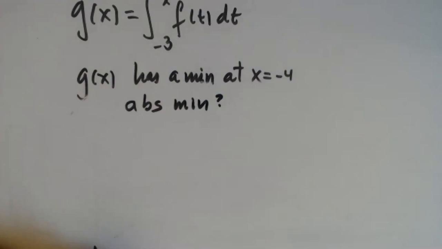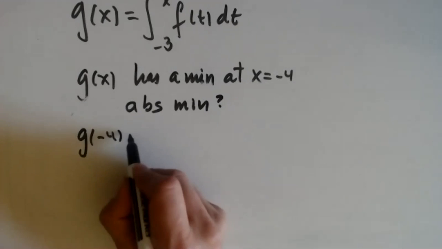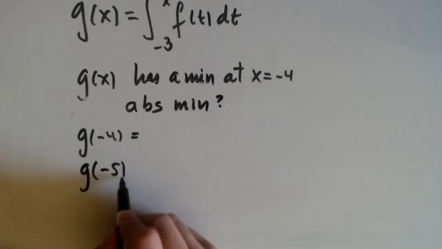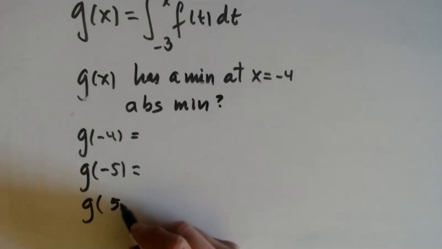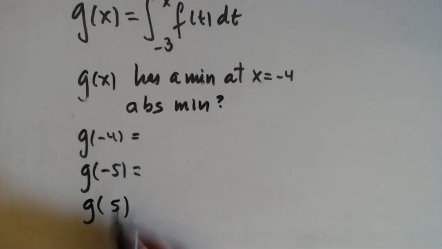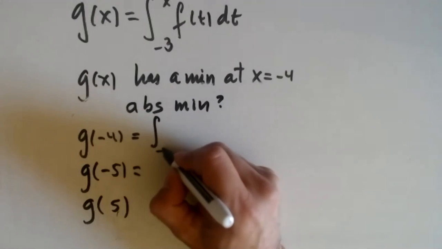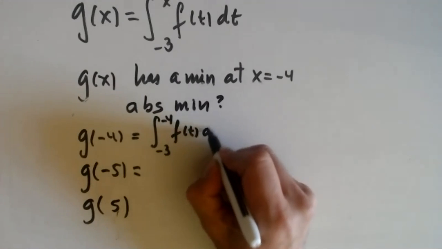So I have to do g of -4, I have to find g of -5, and I have to do g of +5, correct? So I have to find the value of the function here. Now, what is this? It's very simple. It's the integral from -3 to -4 of f(t) dt.